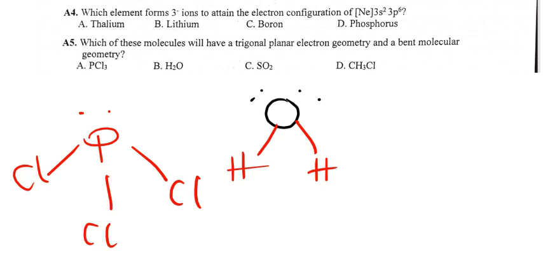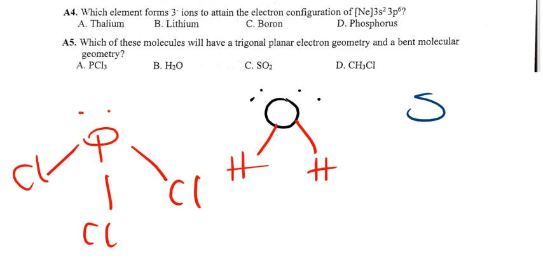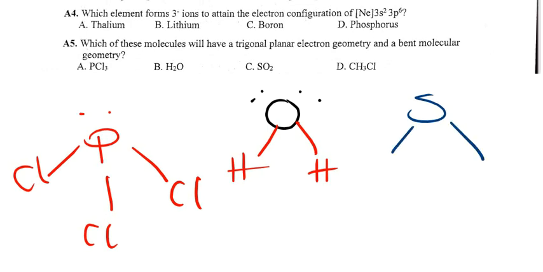And then sulfur dioxide. Where is sulfur? Sulfur is in group 6 just like oxygen. This is where it becomes tricky. Sulfur dioxide is actually a very unique structure.